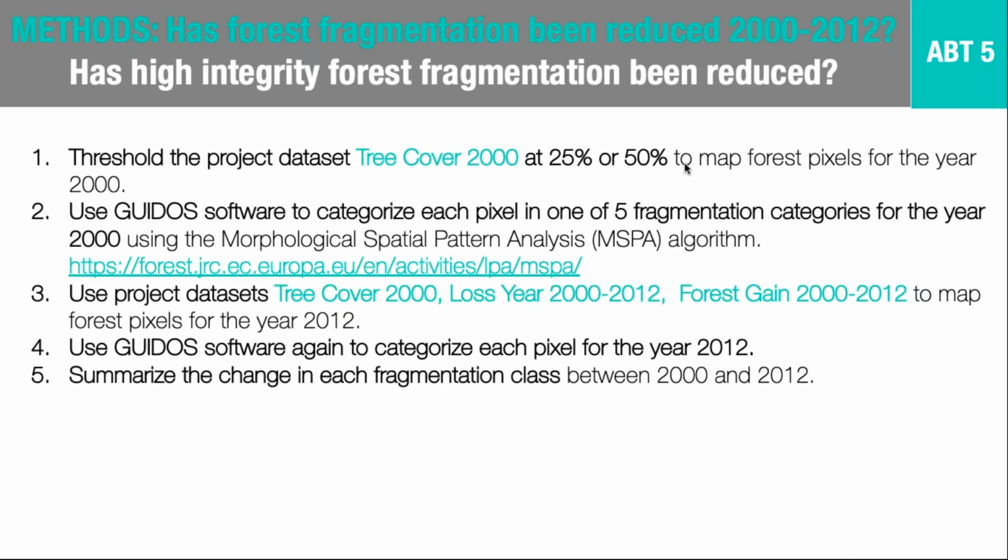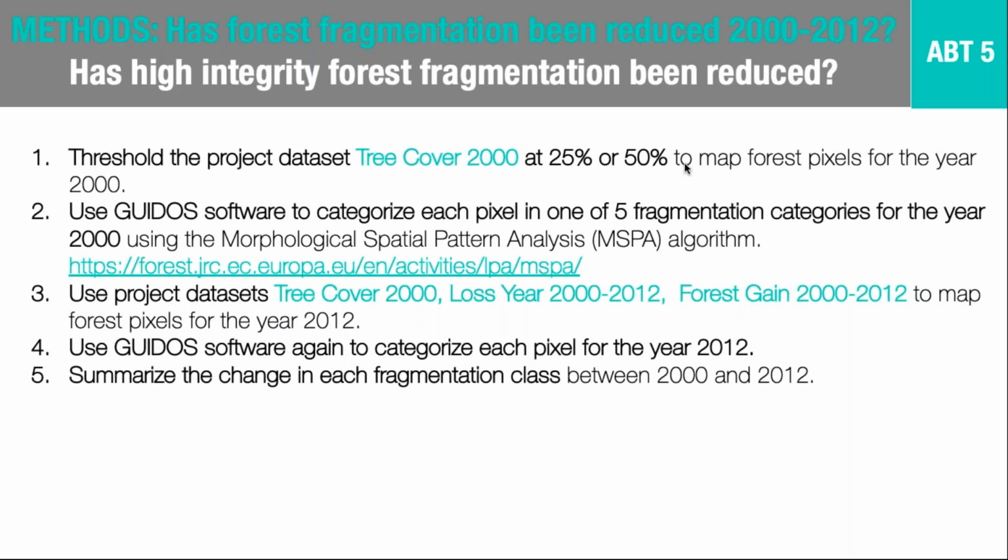That could be something like forest or non-forest, or high integrity forest and not high integrity forest. For the data layers we provide through this project for global forest cover, we use a definition of forest of either 25% canopy cover or 50% canopy cover. This application doesn't distinguish between natural or non-natural forests. Instead, it's meant to quantify patterns of any forest cover more broadly.